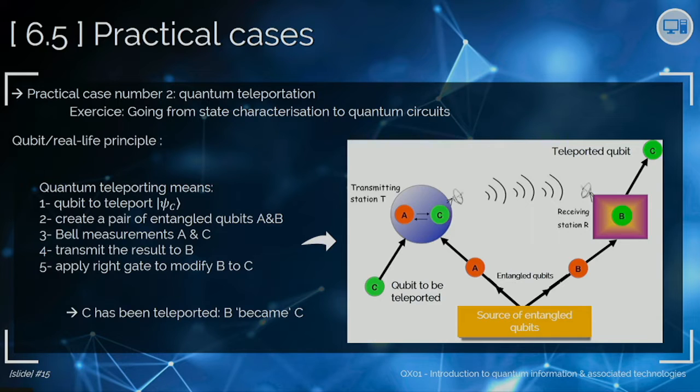Then you transmit that result to station B. And at station B, without measuring the other entangled qubit B, you make a write operation, a write gate, onto qubit B in order to modify it so that B now becomes C. So at the end, you started with qubit C, you destroyed it somehow, you transferred the information from A to B, and with B, you made an adjustment so that B now becomes C.